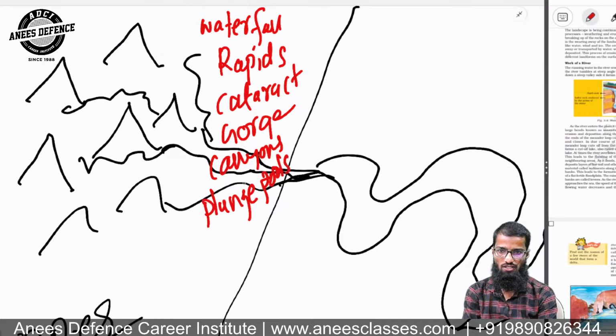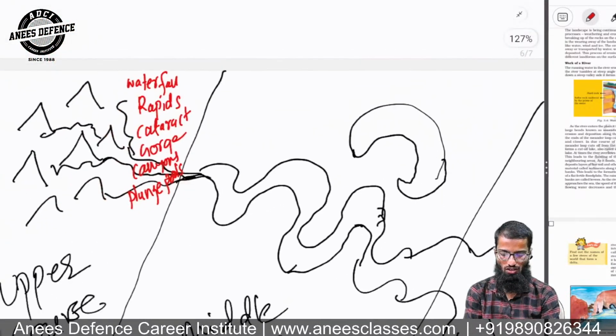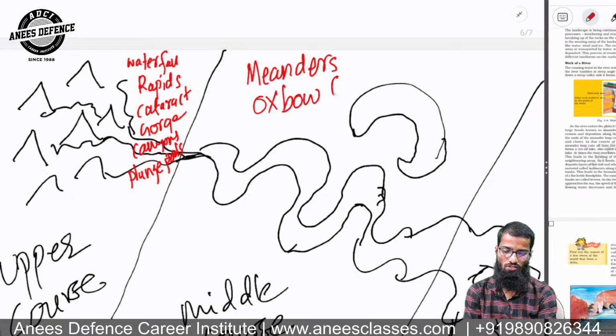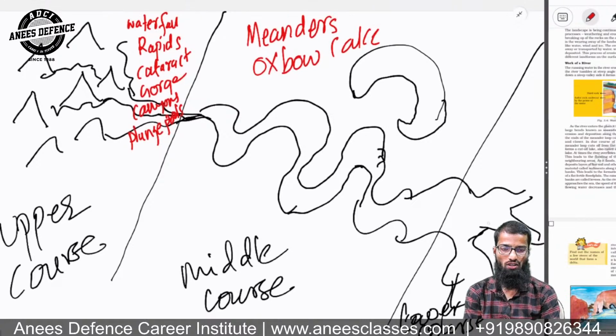All these things you will get on the upper stage of the river. On the second or middle course, you will get meanders and oxbow lakes. And on the lower course, you will get deltas and distributaries.